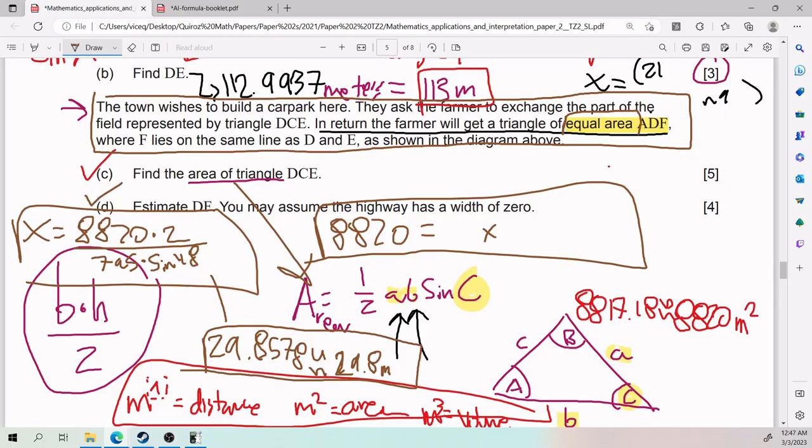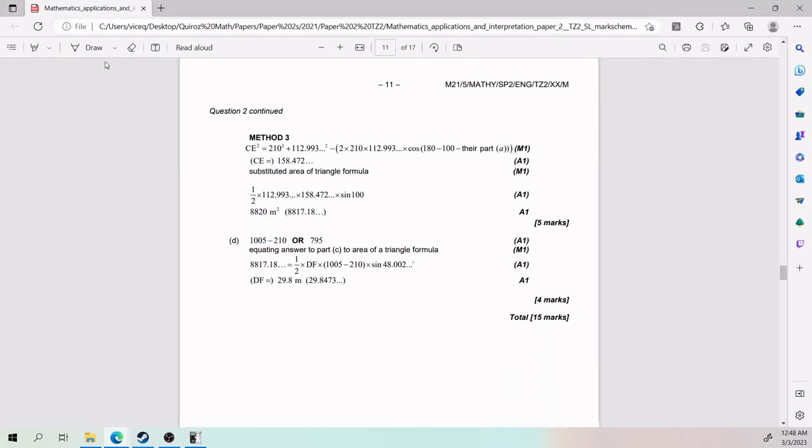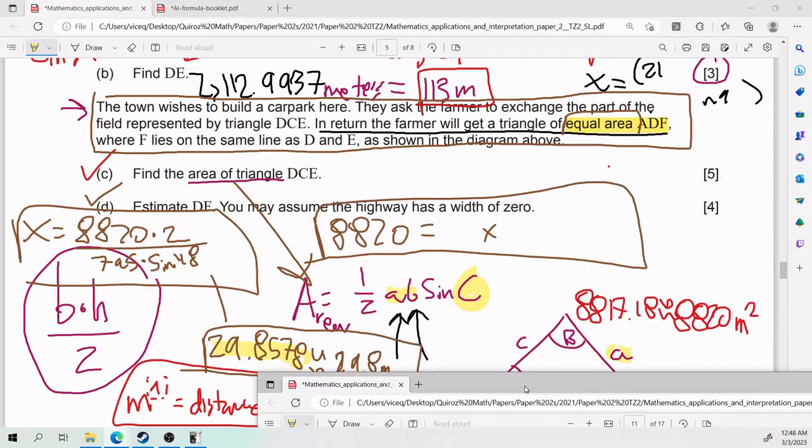Some of you, if you're doing it along with me on the side, might have gotten a different number for this. You might even notice that the answer key has it different. The answer key has 29.8473, and we have 29.85. So there's a slight difference there.